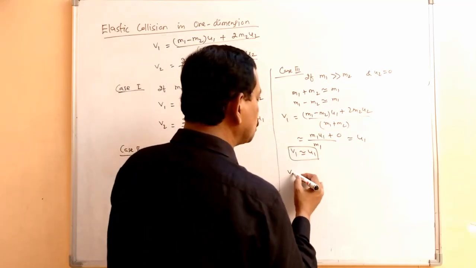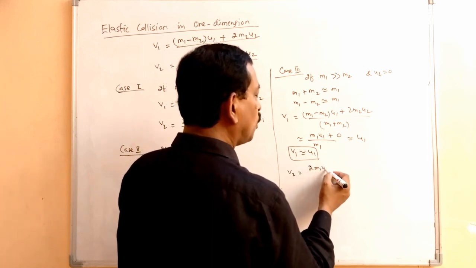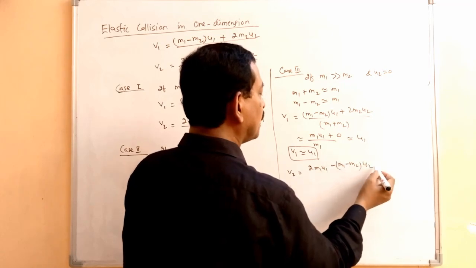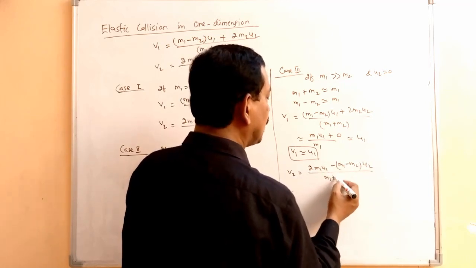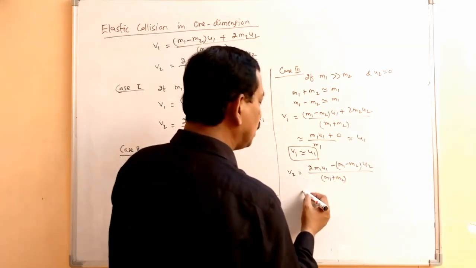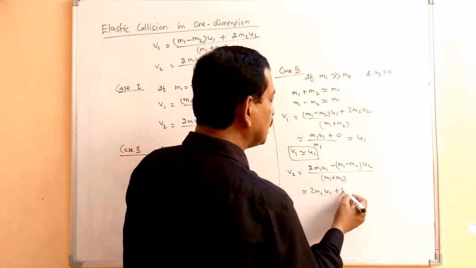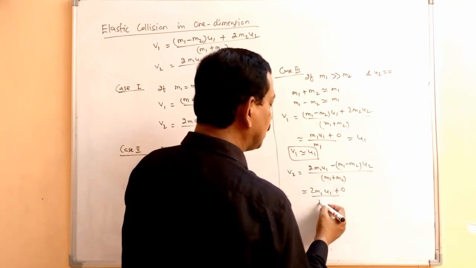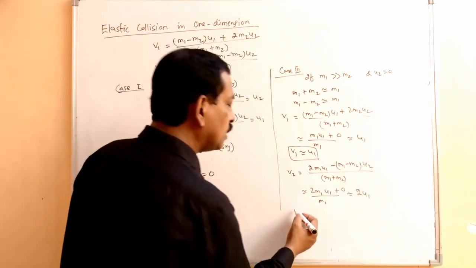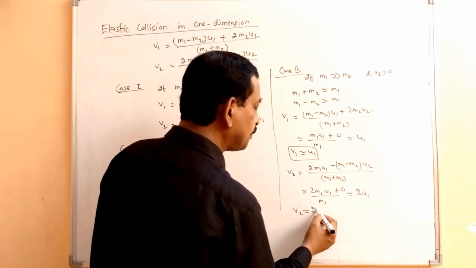That means it will almost continue to move with the same velocity. What about v2? v2, if you consider, was 2 times m1 u1 minus (m1 minus m2) u2, divided by m1 plus m2. So here it will be nearly equal to 2 times m1 u1, the second term is 0, divided by m1. So this is nearly equal to 2 times u1. So v2 will be nearly equal to 2 times u1.